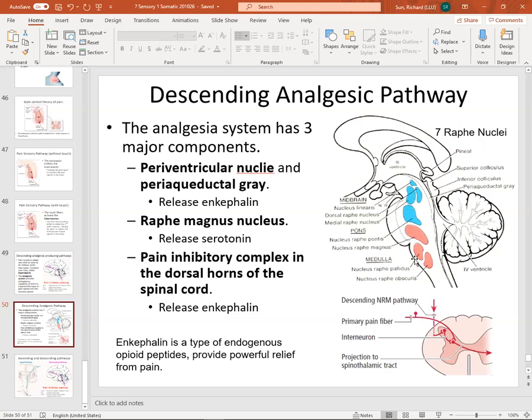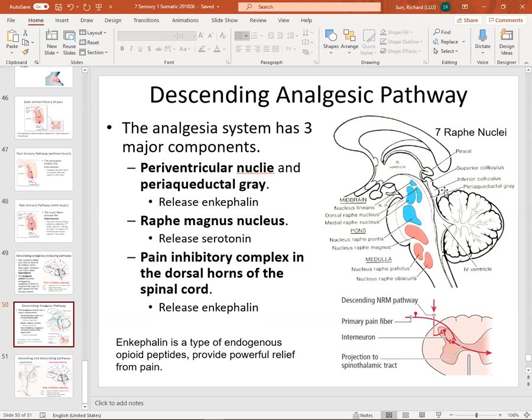The major neurotransmitter released from the Raphe nuclei is serotonin. We know that serotonin can make a person feel happier, right? For a person with depression, the serotonin level will be low. So this one makes you happier and can reduce pain.